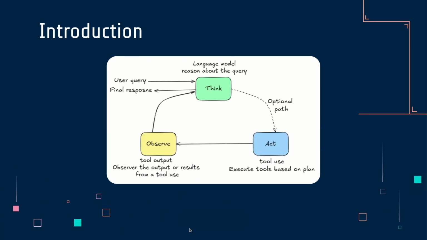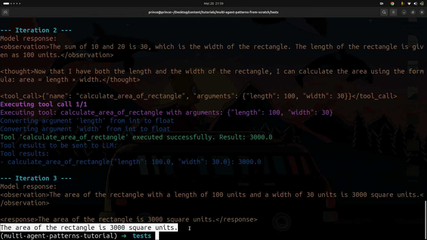So that's all I wanted us to cover in this video, how to build a React agent from scratch. I hope you now understand how a React agent works. So anytime you work with a library like LangChain or LangFlow, you really understand what's going on. This is basically what's going on.